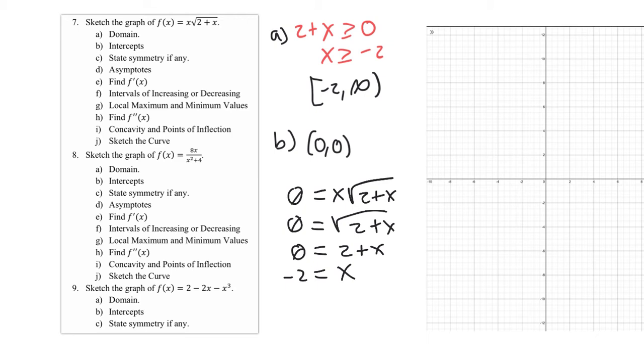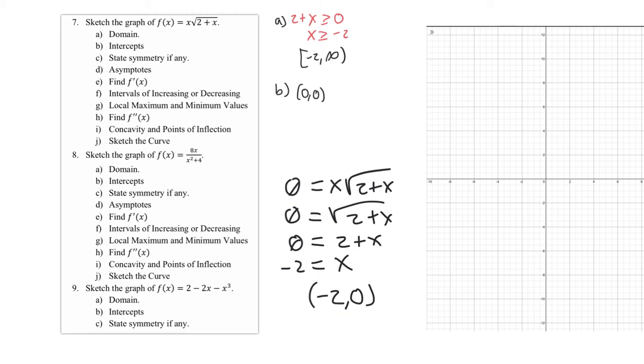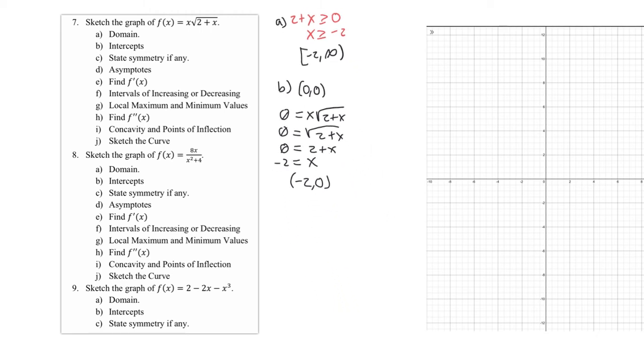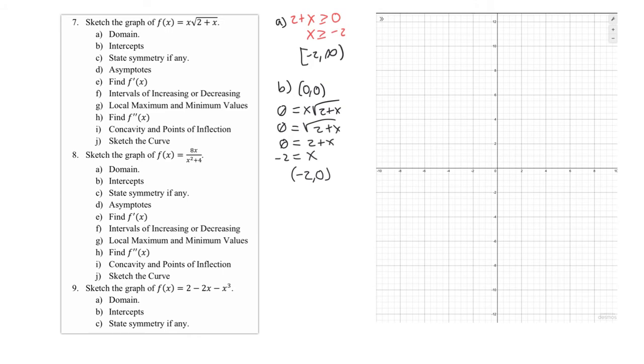So it is true that the other intercept, in this case the x-intercept, would be at (-2, 0). Let's piece that information together in the graph, actually. Let's at least plot those points. So there's a point here, and there is a point here.